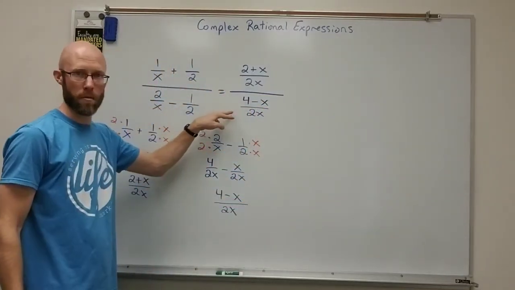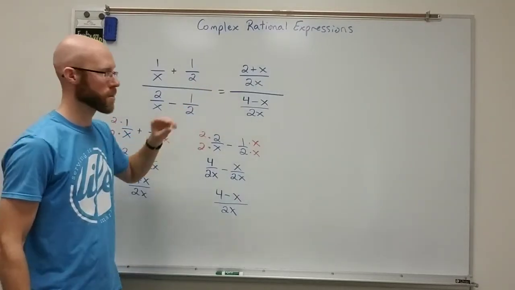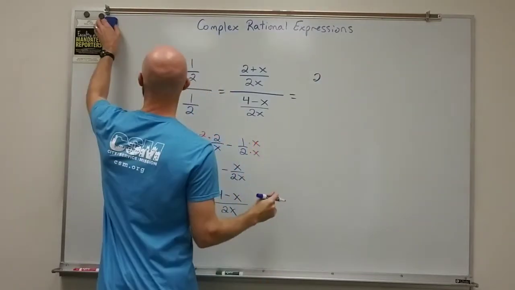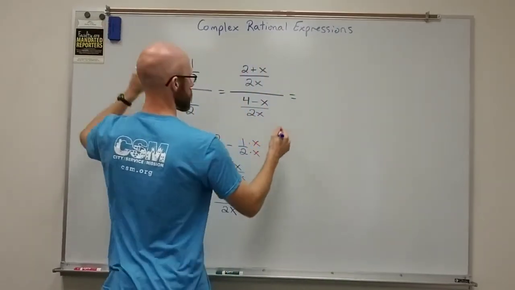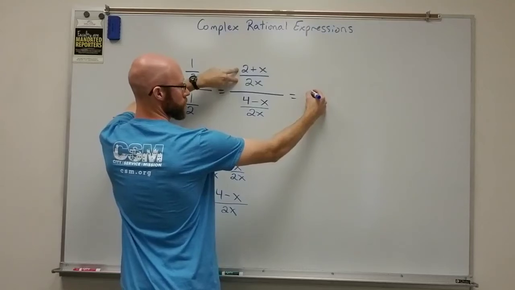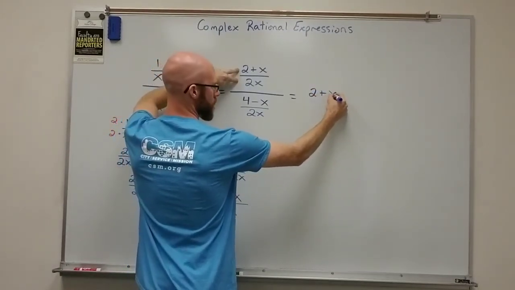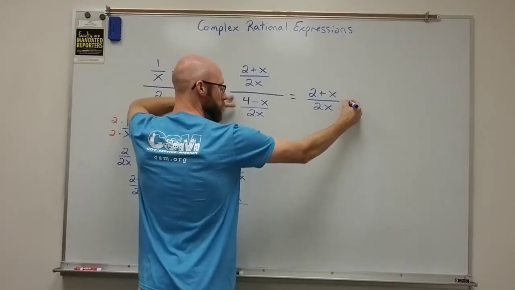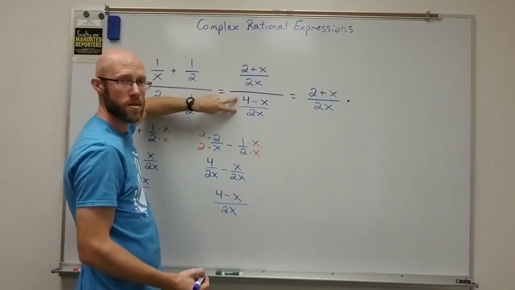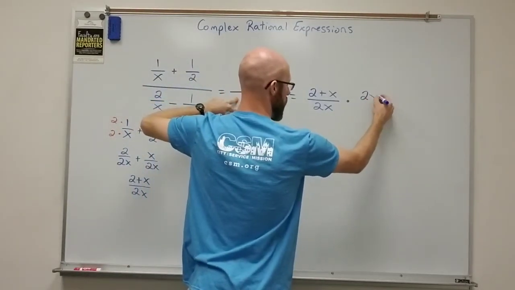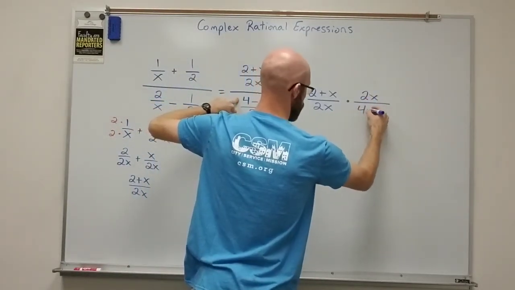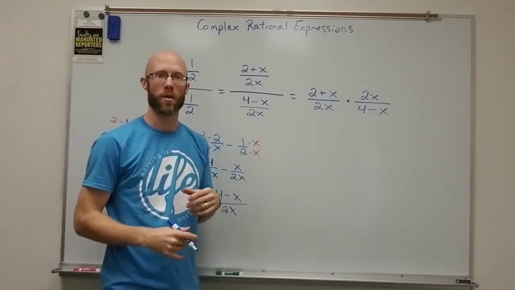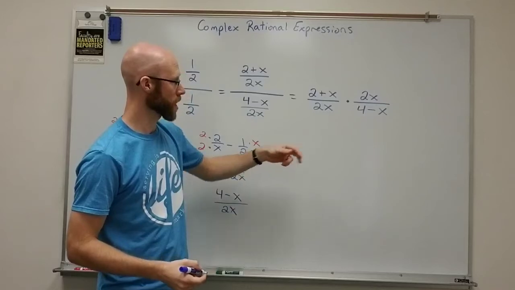So I put that in on the bottom, 4 minus x over 2x, and then do the copy dot flip. Think of this as a division problem. Let's rewrite that. The first or top fraction is 2 plus x over 2x. Then remember we multiply and flip this bottom fraction. So it's 2x over 4 minus x. Then we reduce anything that is common to the top and bottom.